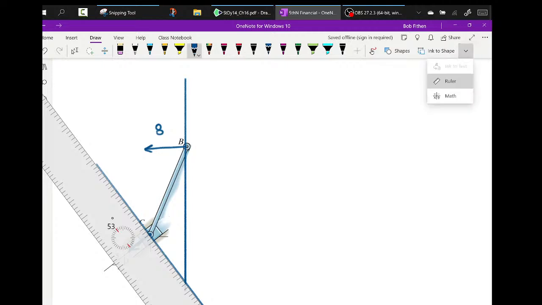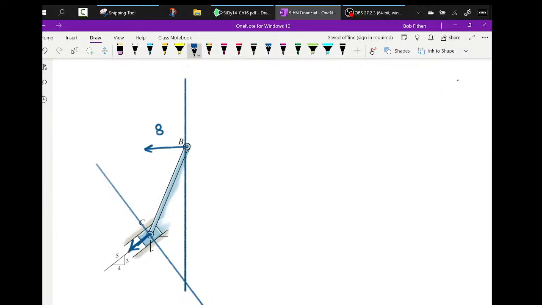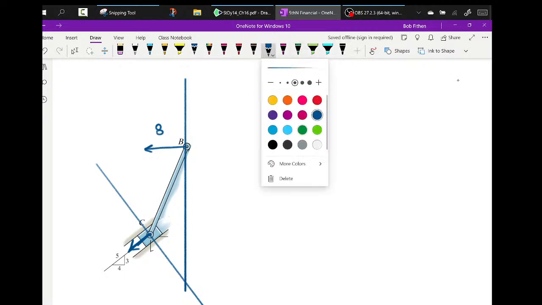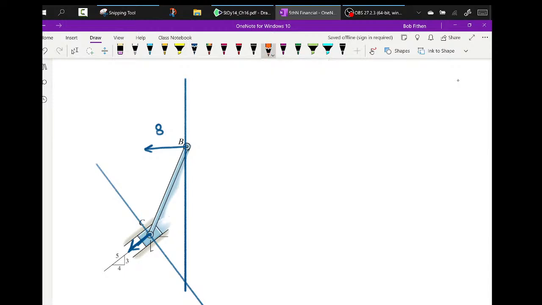So it's pretty apparent that these two, reminder, what am I doing here? Let's use this color. This is 90 degrees, 90 degrees in this way.